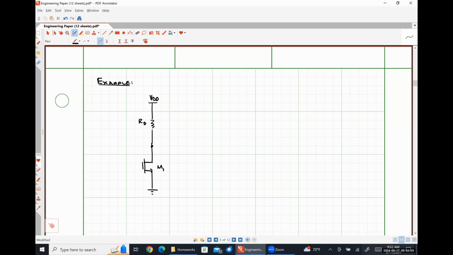So this will be transistor M1. The drain here will be connected to the gate of a transistor M2. And this will be effectively a source follower configuration, because this is behaving as a current amplifier.